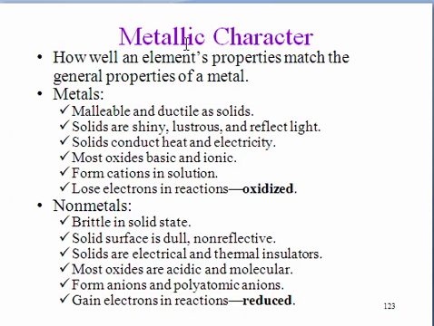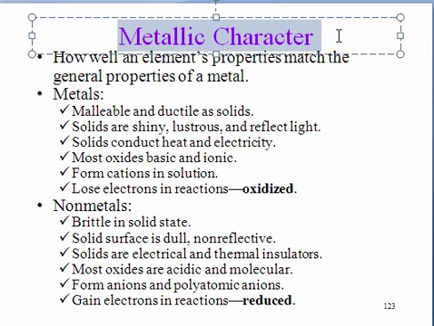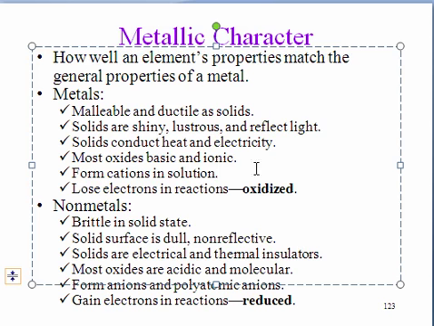The last type of trend we're going to look at is what's known as metallic character. How much like a metal is a given element? We know that metals are malleable and ductile as elemental solids. They have luster, they conduct heat and electricity, and in terms of their chemical properties, they form oxides and basic solutions.